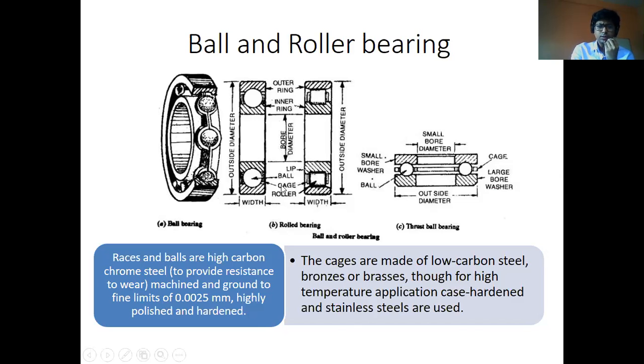Actually, these races and balls are made of high carbon chromium steel because we need high anti-corrosion resistance.